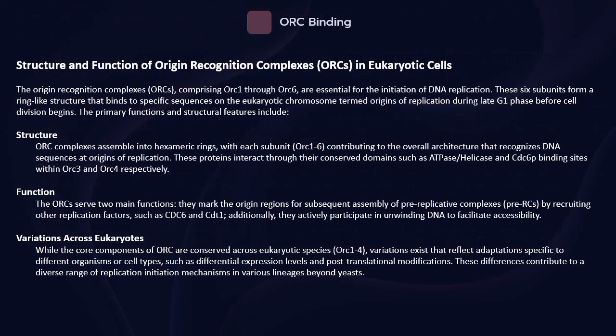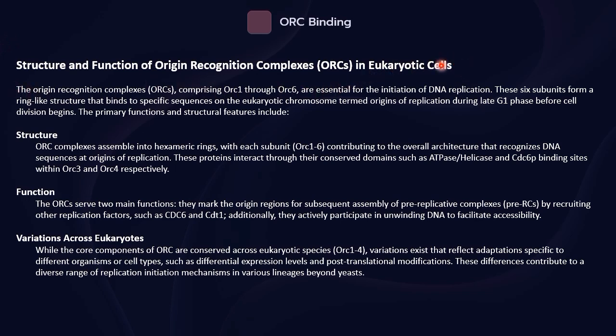And from this slide onwards, we are going to understand the actual machinery or mechanisms behind the eukaryotic DNA replication process. But before understanding the ORC binding, or origin recognition complex binding, we should have a basic understanding of the structure and function of the ORC complexes in eukaryotic cells.